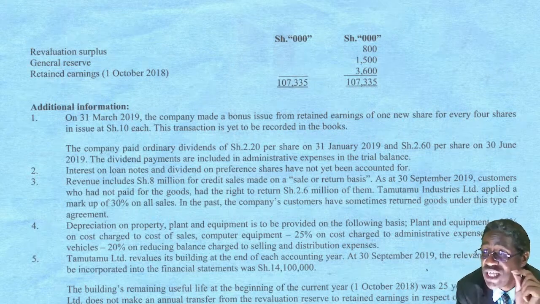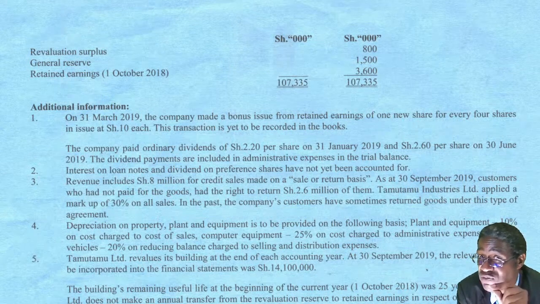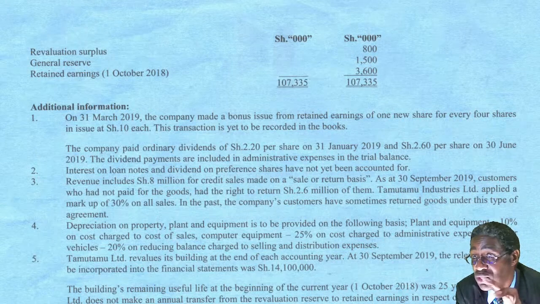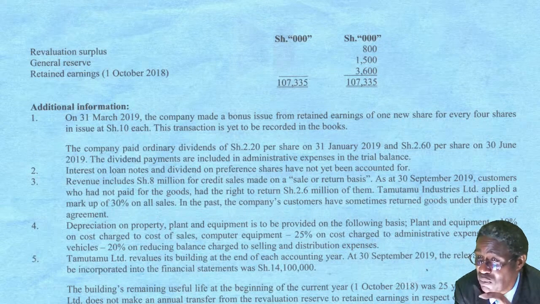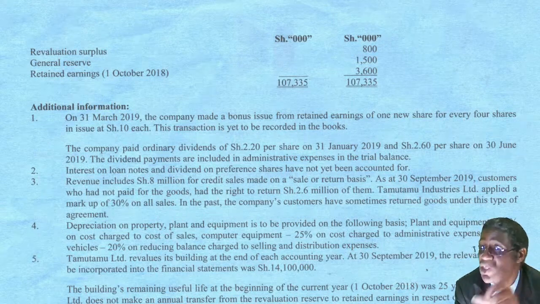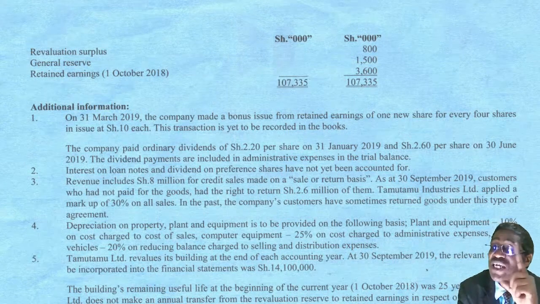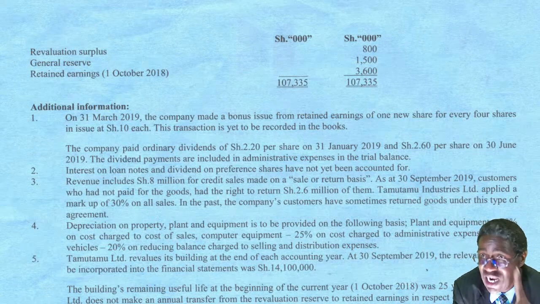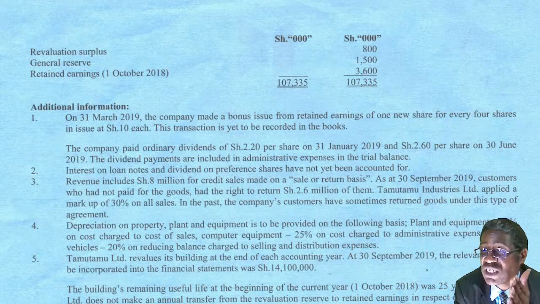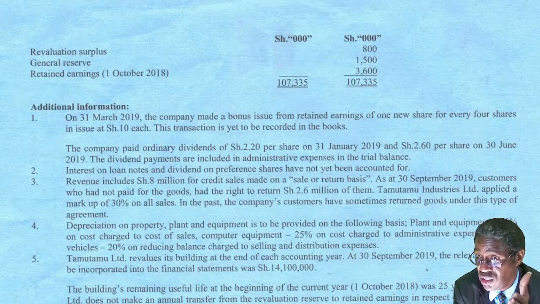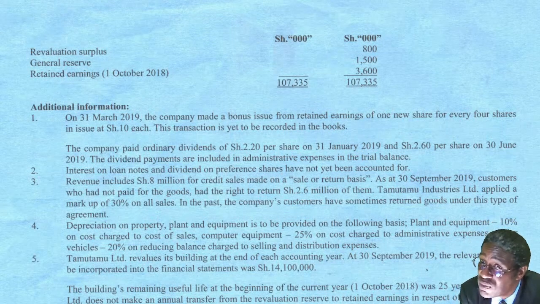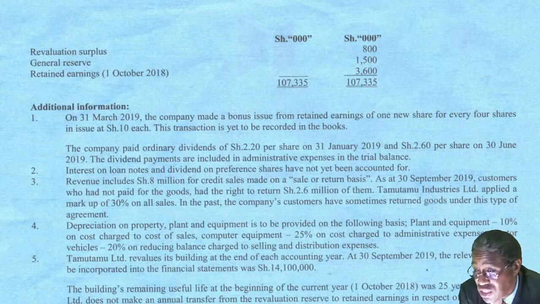Then, because the company made a bonus issue on 31st March, 2 months later, after making a bonus, come June, they paid another dividend at 2.6. So it is obvious after 31st of March 2019, the number of shares are no longer the same because they gave a bonus.